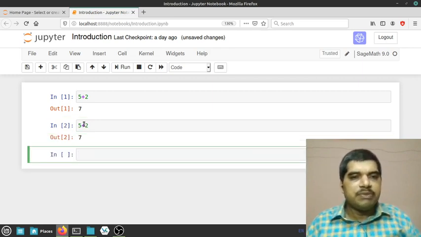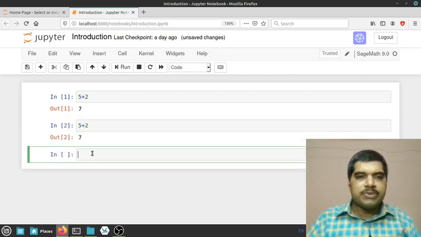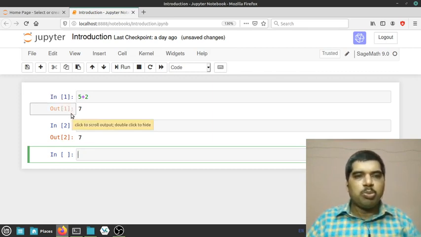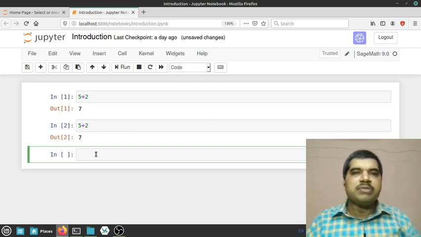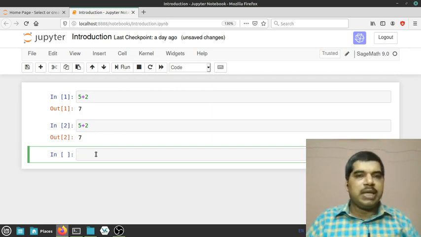If I press Shift Enter, the same result appears. But see that the input is named here as Input 1 and the output is named here as Output 1. After that it's Input 2, then Output 2, etc. These labels are also going to be useful for us. We will see in which way we are going to use them later.